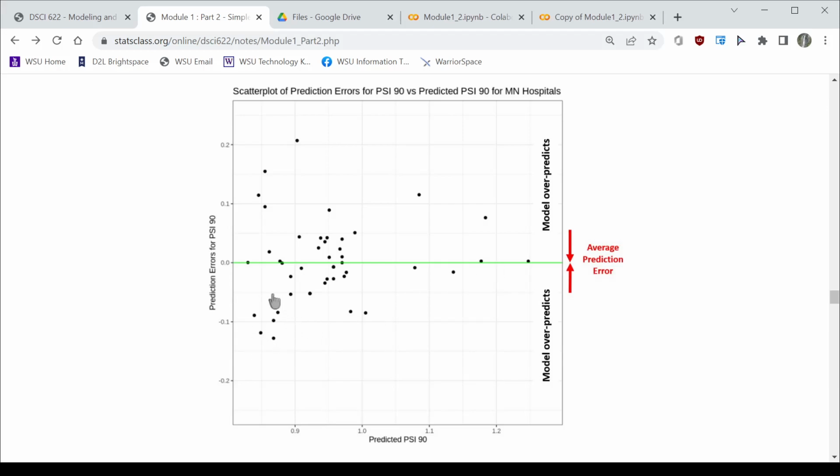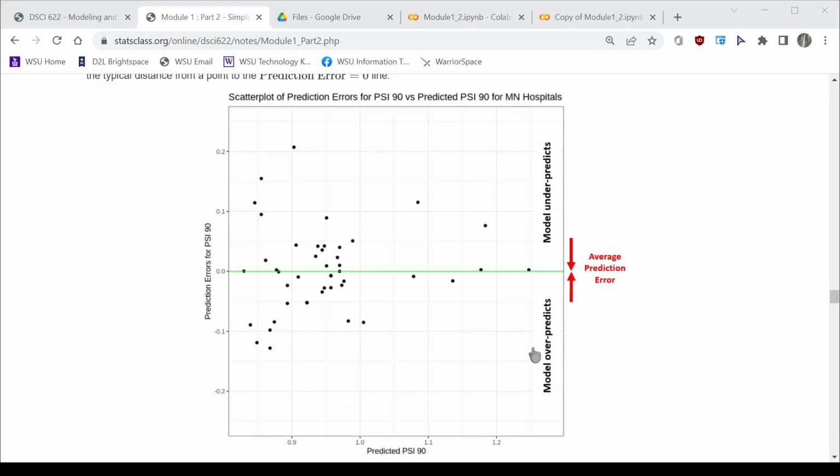If my points sit below, okay, if I have a negative prediction error, that means I've over-predicted with the model. And this is that point, again, that was badly under-predicted. Okay, so that should say under-predicted there. I apologize. I will again pause the video and fix that. Okay.